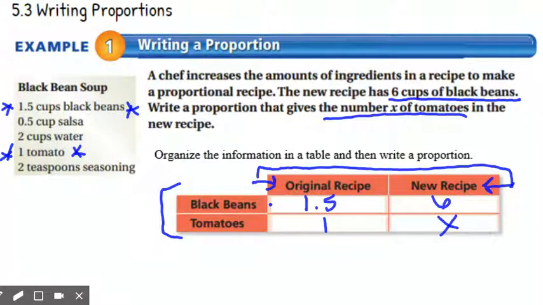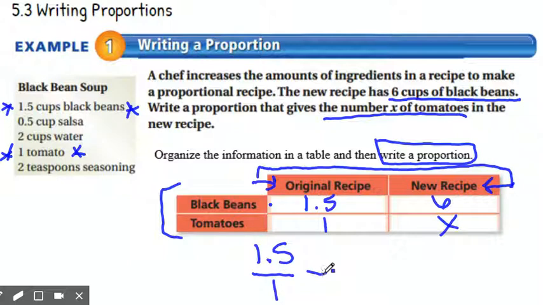All right, so when we write our proportion, because it wants us to write a proportion for this, it's going to be super easy since we have the table. It's just going to be 1.5 over 1 equals 6 over X. Remember, a proportion looks like a fraction equals a fraction, and to get the numbers in our fractions, we literally just took them in the exact same order out of our table.